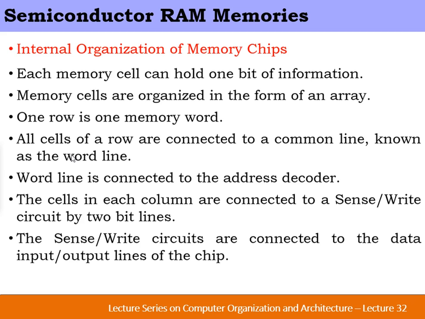These cells are organized in the form of an array, and we know an array has rows as well as columns. In a row, any number of bits can be stored; it is made up of a certain number of cells. So one row is called one memory word.